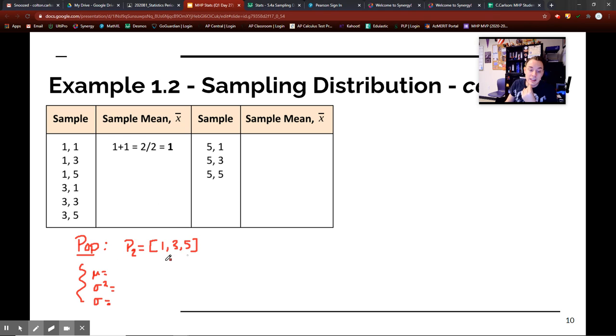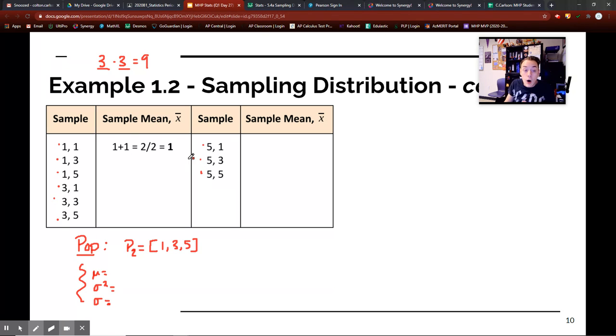Now that we know that these are 3, okay, think about it. Fundamental counting principle, this is 3, and since I want size of n equals 2, with replacement, I can do 3 times 3. So with replacement, because I can take them out and put them back, I have 3 times 3. So this actually equals 9, and this is 1, 2, 3, 4, 5, 6, 7, 8, 9.